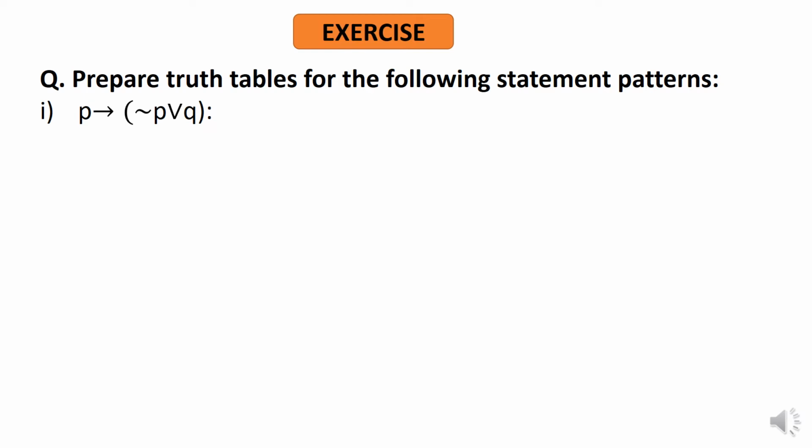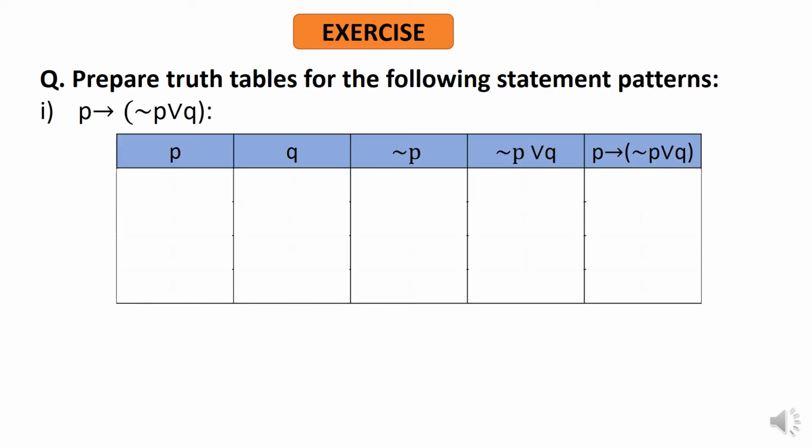Similarly, it contains 3 connectives: if then, not and or. Thus there are 3 connectives and therefore the number of columns are going to be 2 plus 3, that is 5. So as you can observe over here.